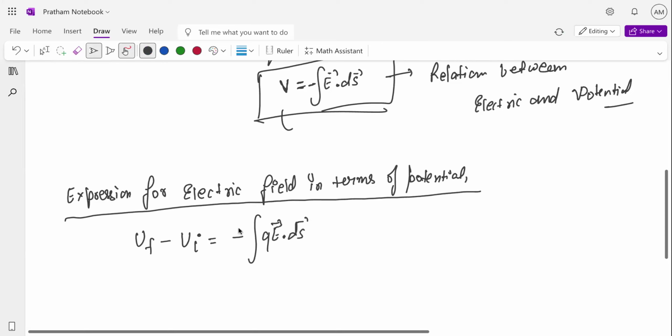Till now everything was clear, so we can also conclude that UF minus UI divided by Q equals, how much? This is minus integral of E dot ds. I think it is clear.